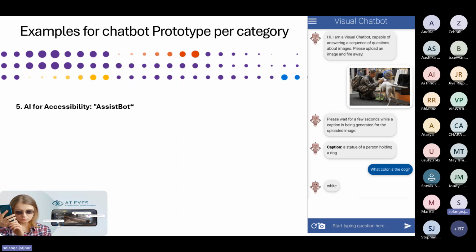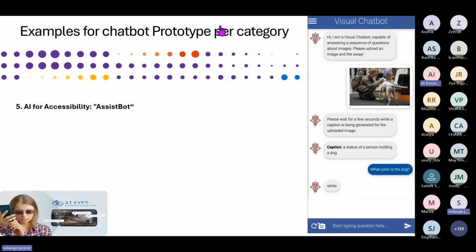Nice. Okay, now we are under the category AI for accessibility. Who can give me an example over here? Any AI example that helps people with directions, motion sensors for blind people. Okay.